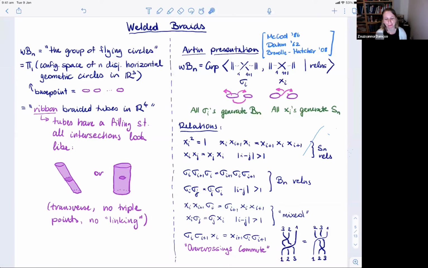So then in the algebraic presentation, the sigma i's, so the interesting crossings, which correspond to flying through movies, these generate an ordinary braid group. And the virtual crossings, which correspond to just swapping places in a null homotopic way, that generates a symmetric group, not too surprisingly.